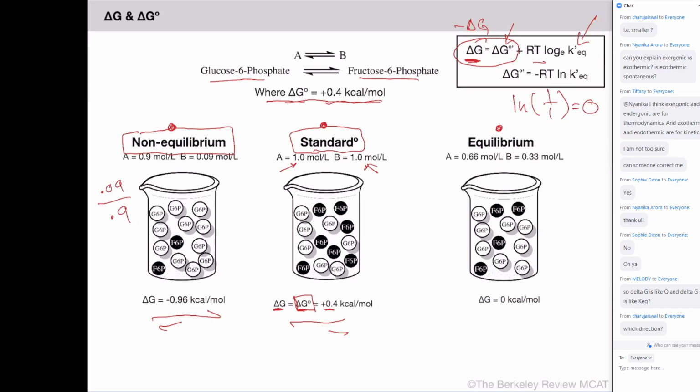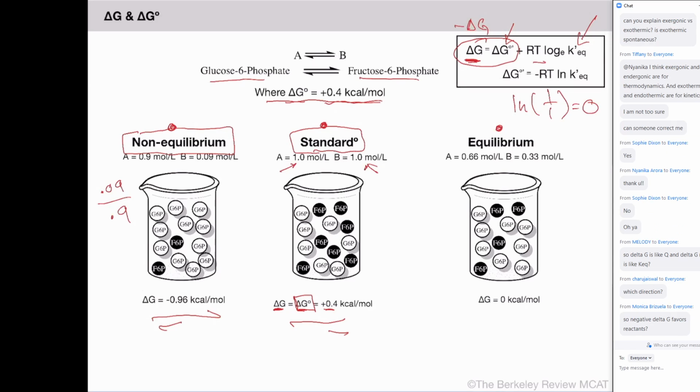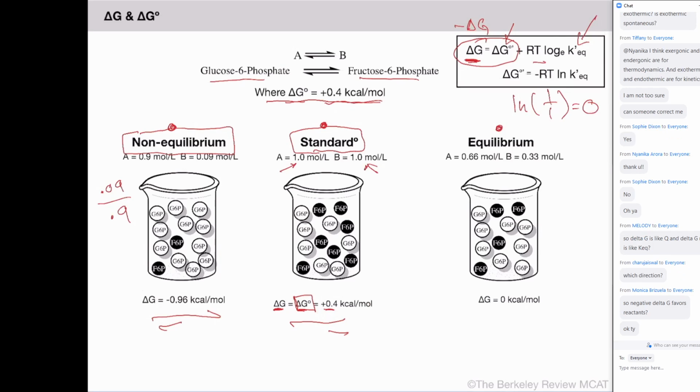If delta G naught is positive, it's going to favor the reverse direction. So it's going to favor the substrate. It's going to favor A. Okay. So here, if it's positive, it's going to favor A.